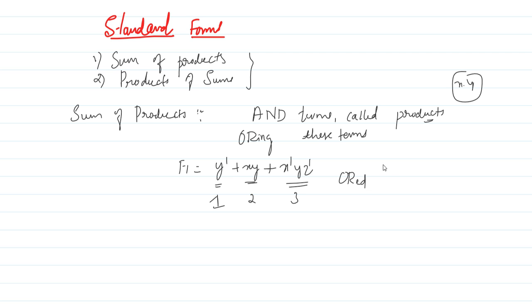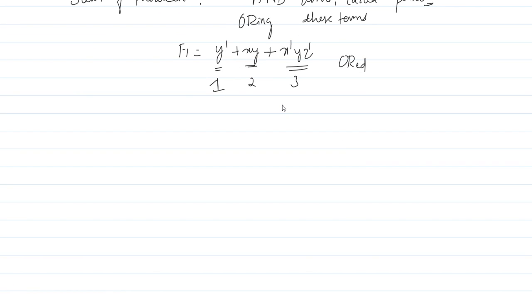If you draw the logic diagram for this sum of products, how can I draw? You can directly take the variable in the complemented form also, no problem in that. First we have only one literal in the expression. Whatever literals are there in the expression, those are the input terminals. So here y prime is there, directly I would like to write y.